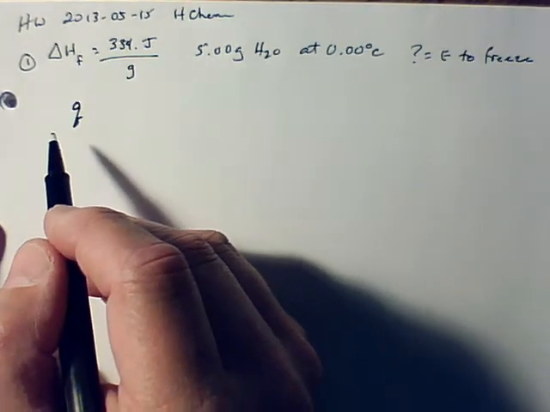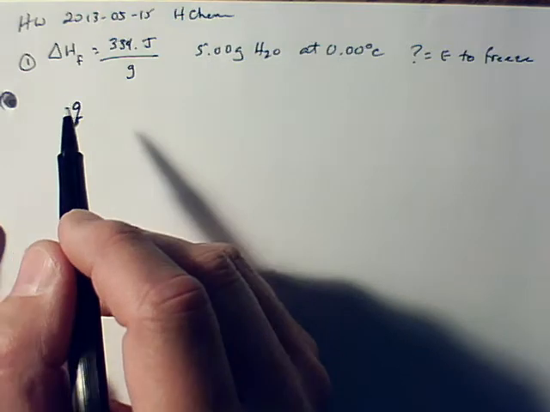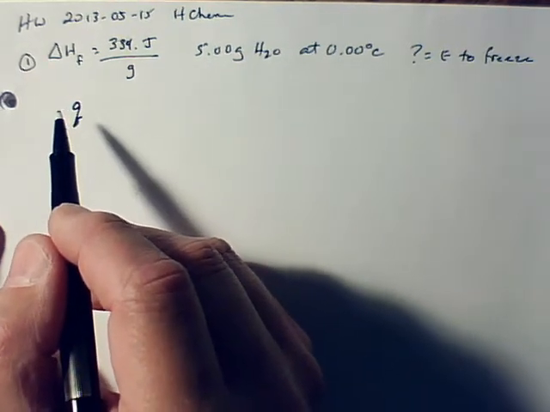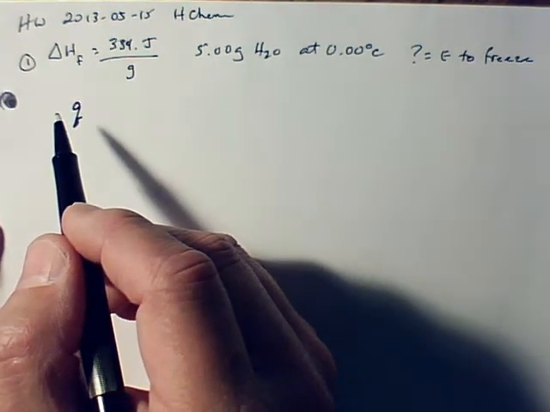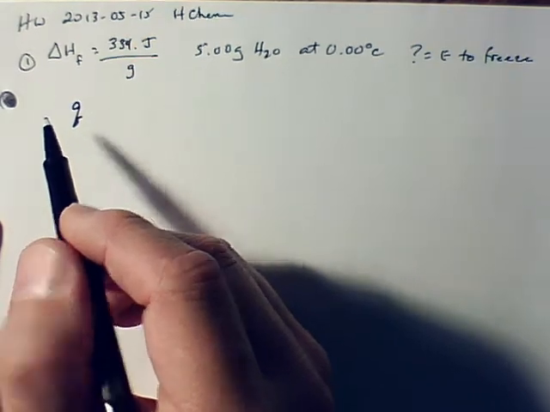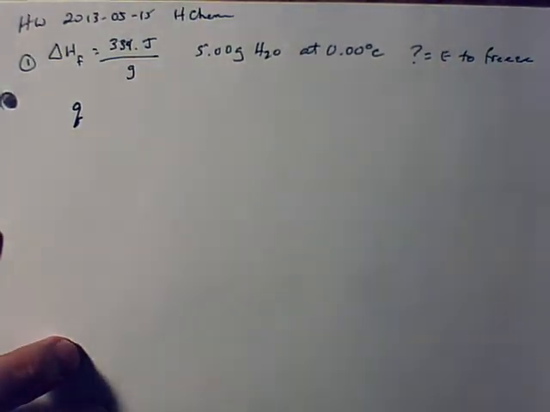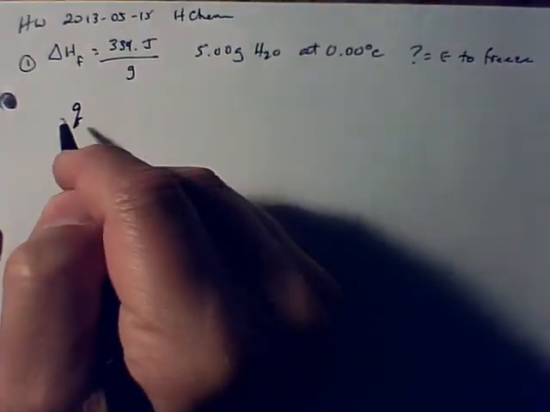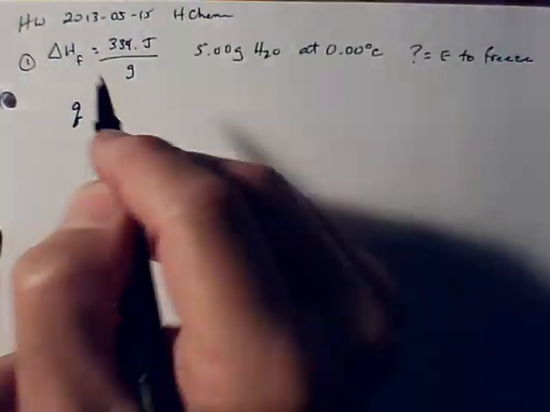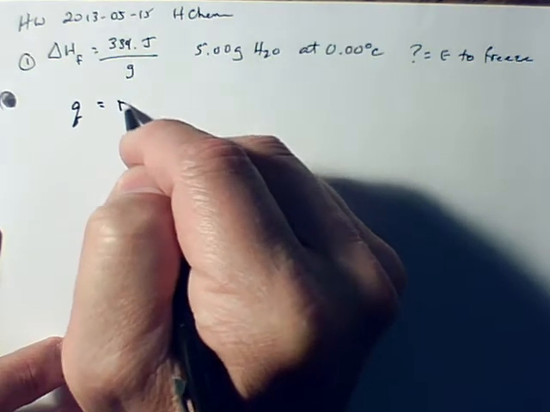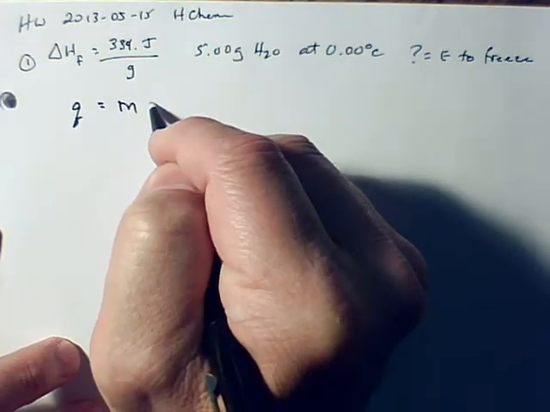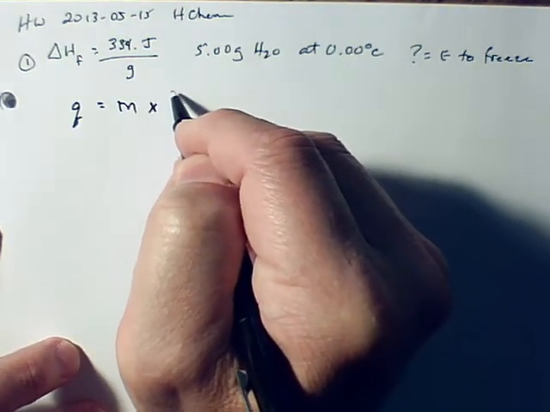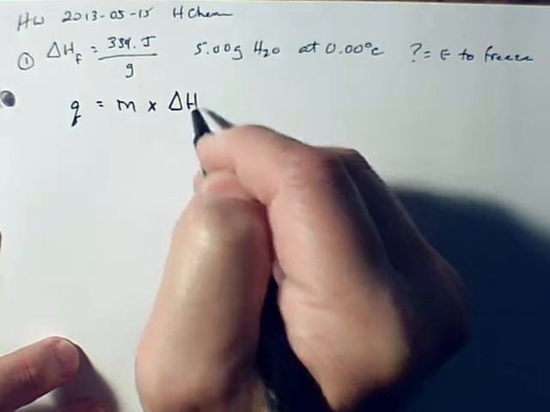If you're removing energy from the water, the energy in the water is being reduced to make it freeze. Does that make sense? Got to pull energy out to make it freeze. So you could say negative Q here if you want to. So then the equation is simply the mass times this enthalpy of fusion.